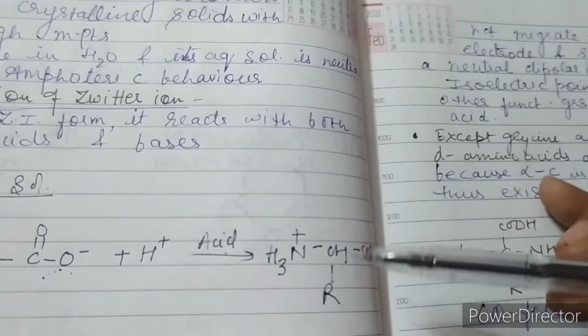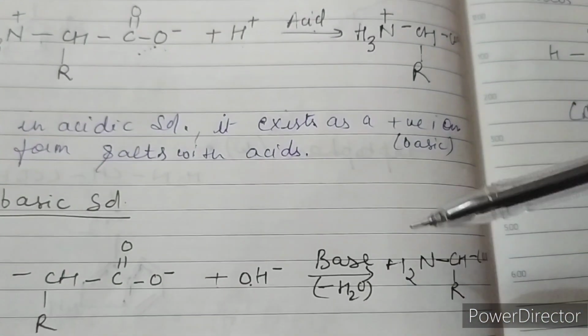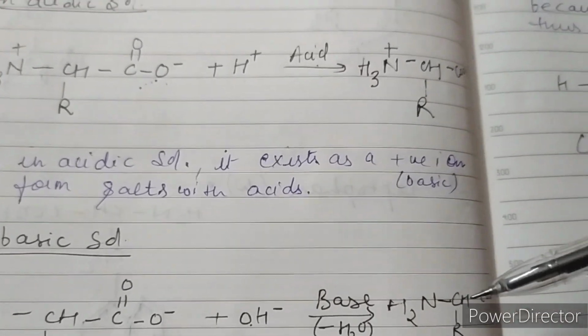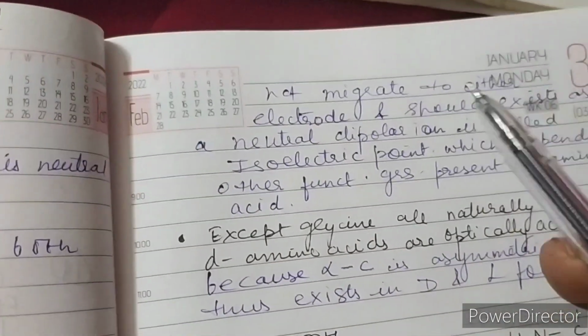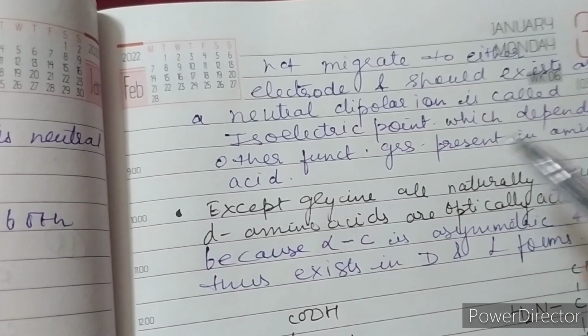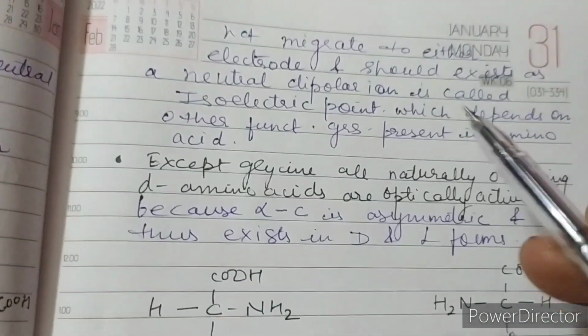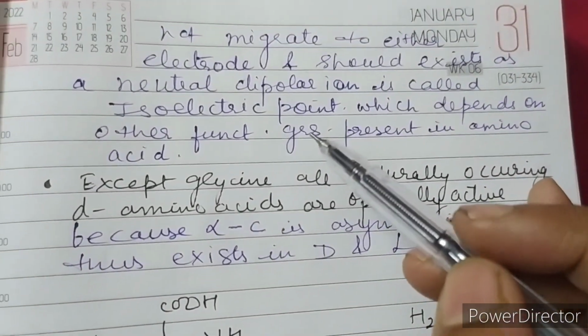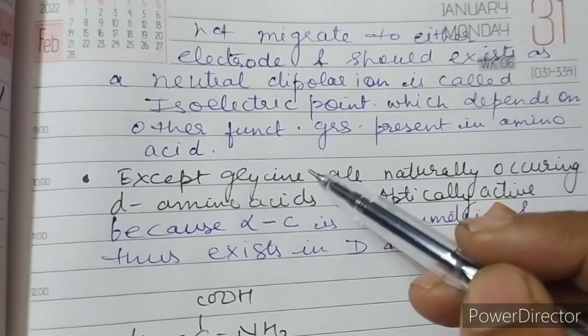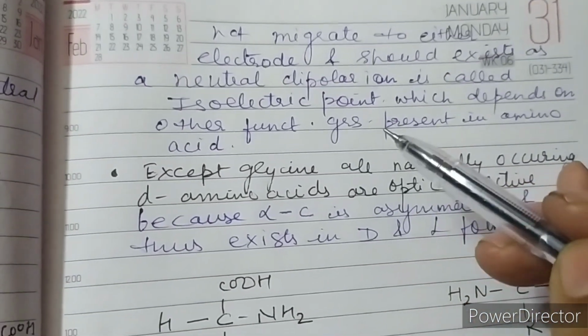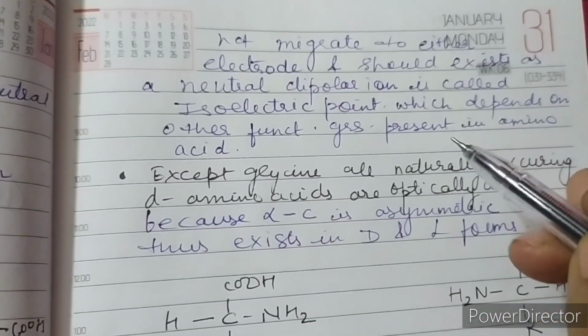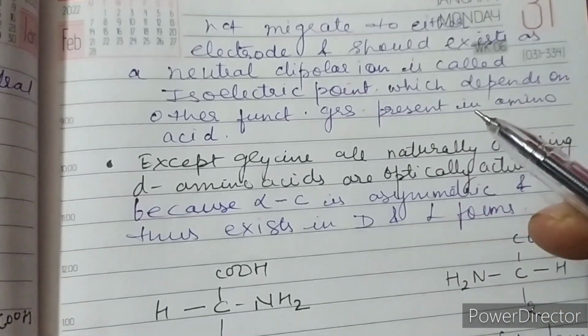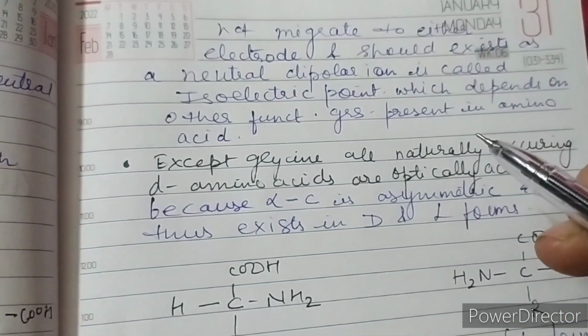It depends on other functional groups present in the amino acids, like in neutral amino acids, the pH is usually from 5.5 to 6.3.